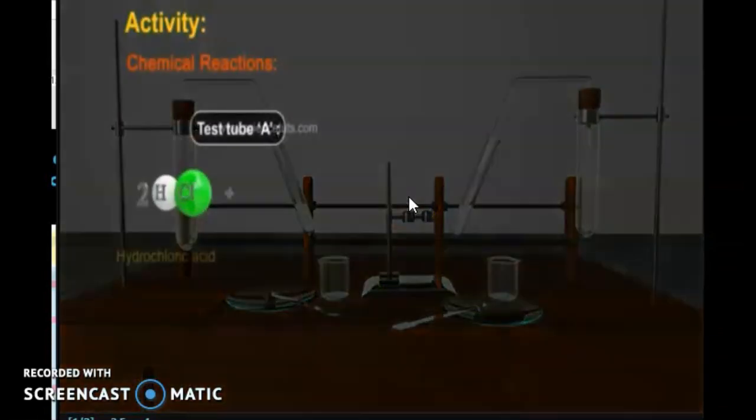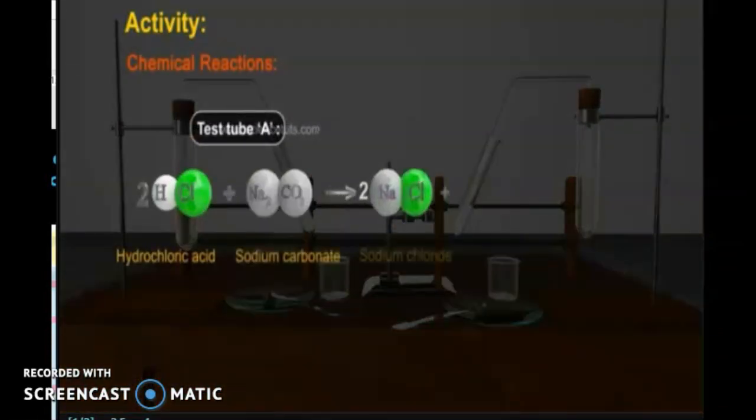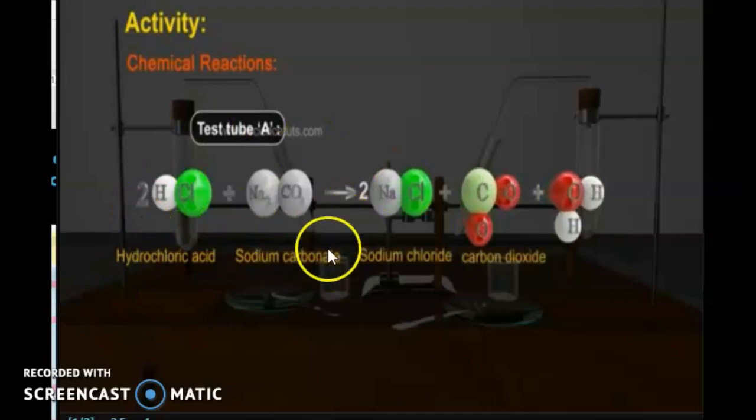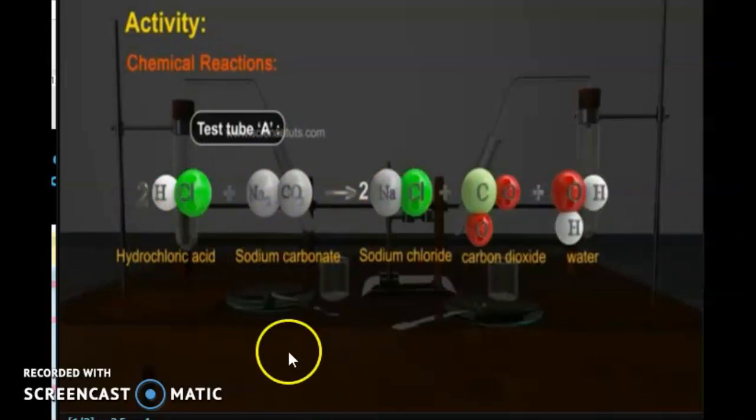So let's see this chemical reaction. When hydrochloric acid reacts with sodium carbonate, the products formed are a salt, which is sodium chloride, NaCl.